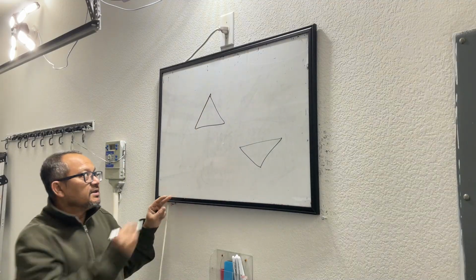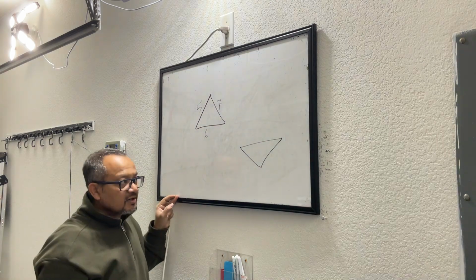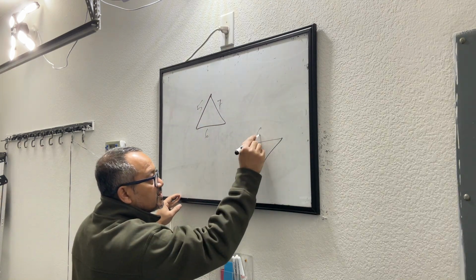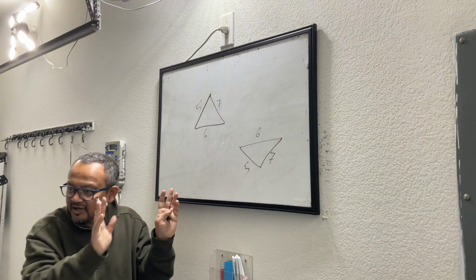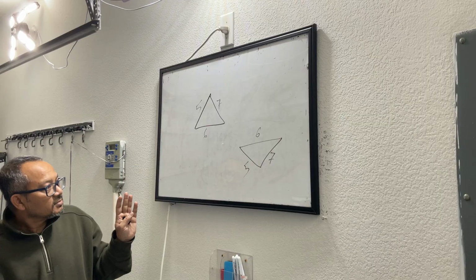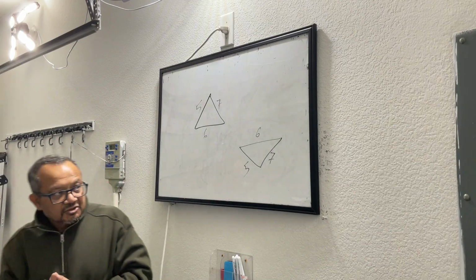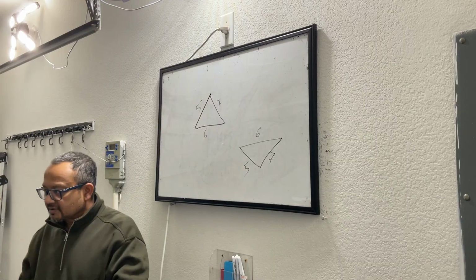This is 5 centimeter, 6 centimeter, this is 7 centimeter. This is 5 centimeter, this is 6 centimeter, this is 7 centimeter. I'm just making it up. So I have these two triangles.